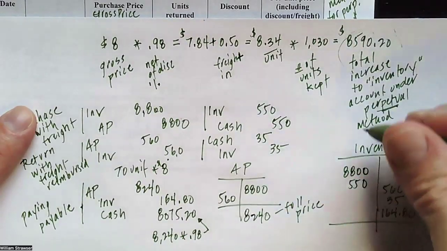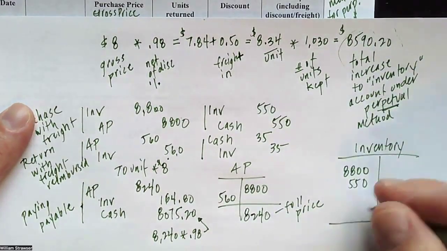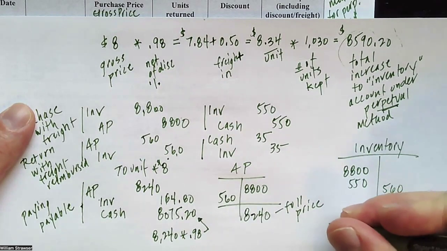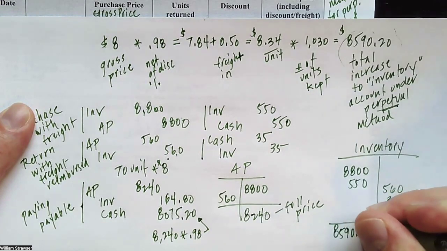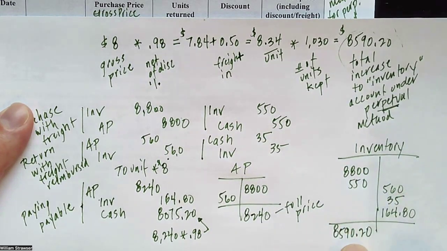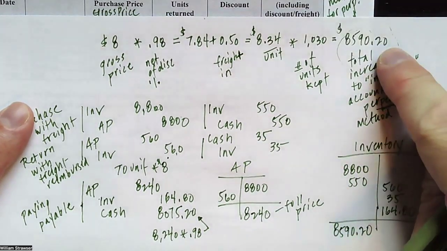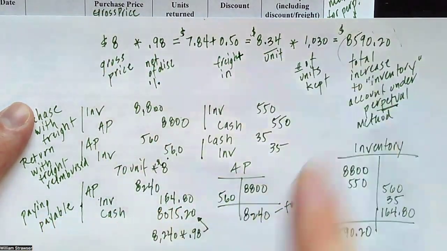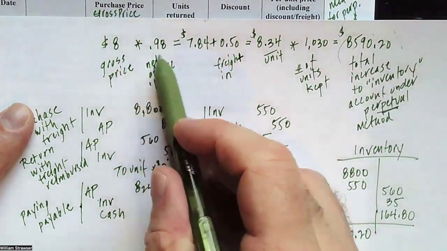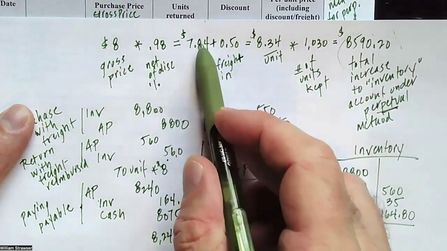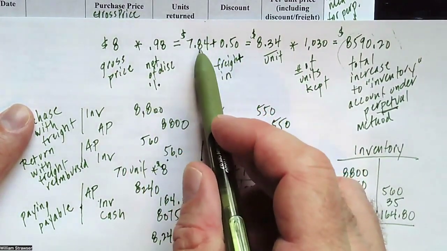And when we reconcile that, if you went through the motions yourself, I hope you did. It helps your memory to work through these things as well. We get the amount that we predicted it would by just doing the calculations, right? It makes sense. We took the discount off when we determined the price per unit here.